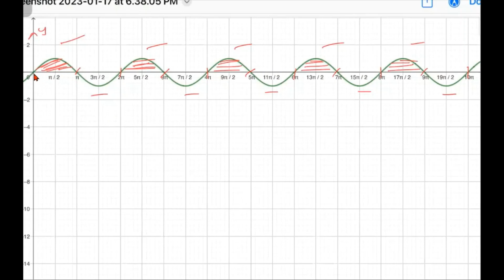So integral from 0 to pi will be same as 2 pi to 3 pi, which is same as 4 pi to 5 pi, and so on. In the same way, integral pi to 2 pi is same as 3 pi to 4 pi, and so on.